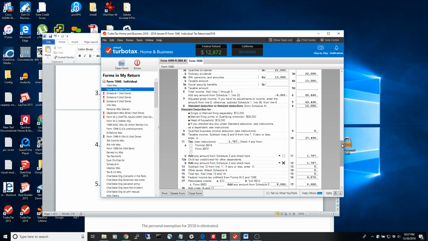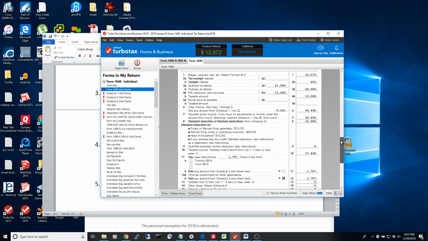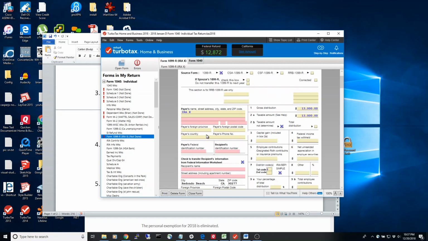So pretty much all of our 1040 numbers have to be entered in, and our estimated dividends and everything like that. And then what we're going to do is input a 1099-R, and that is basically going to be from our IRA. And we're going to fill it out about like this.